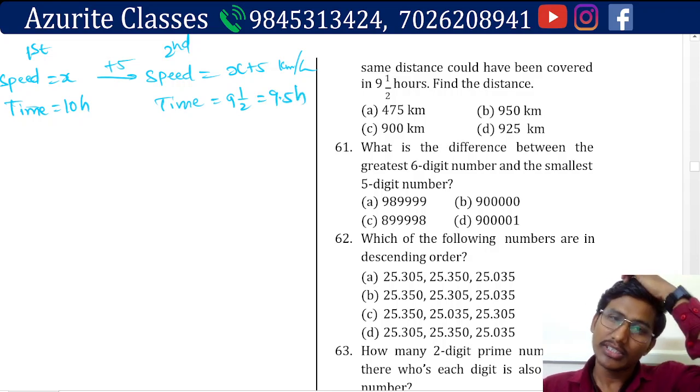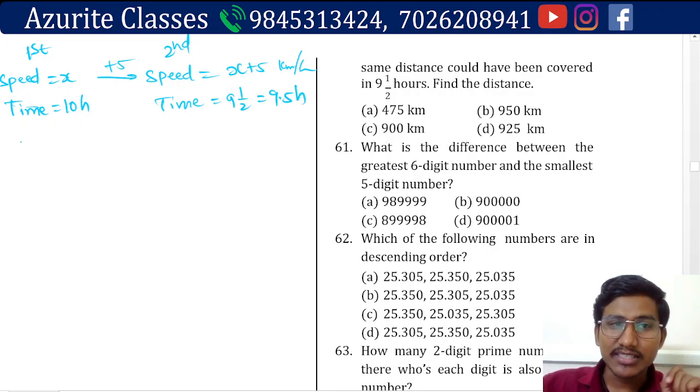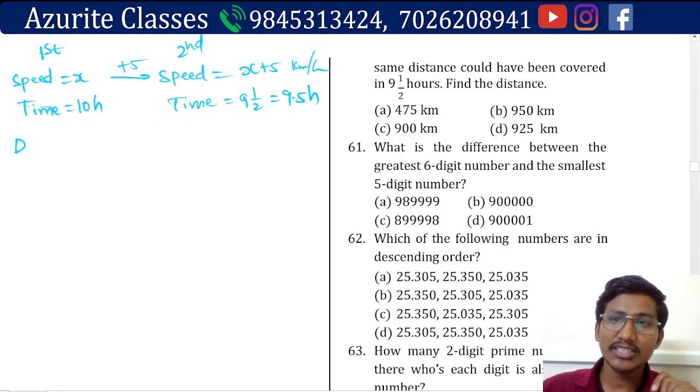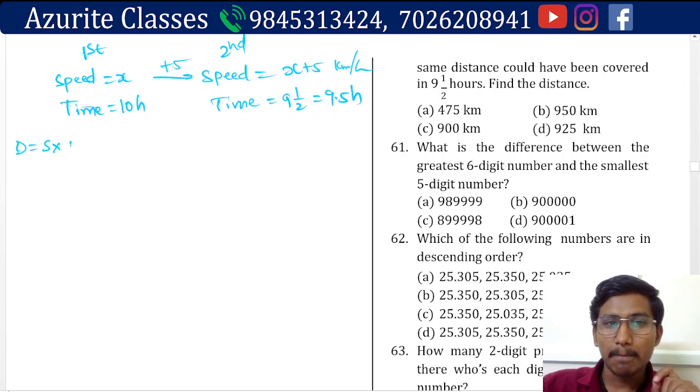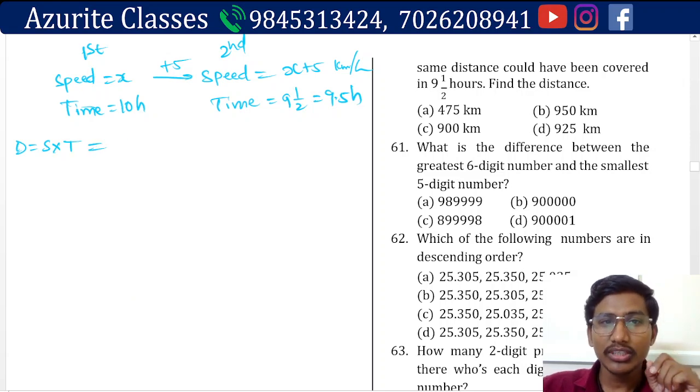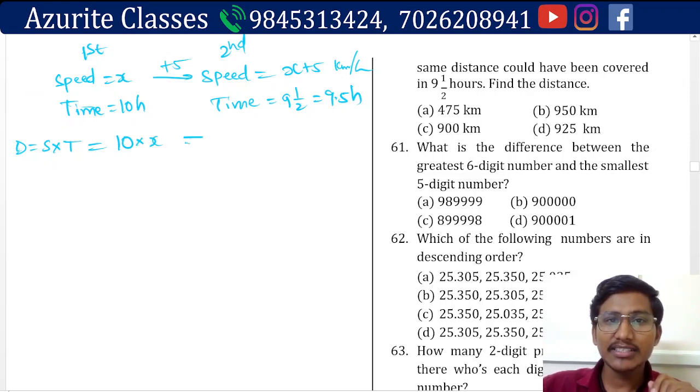So here, what will the distance be? We already know the formula of distance. What is the distance formula? Yes, distance is equal to speed into time. So 10 into x, since the first-time speed is x, and on this side the distance is the same.